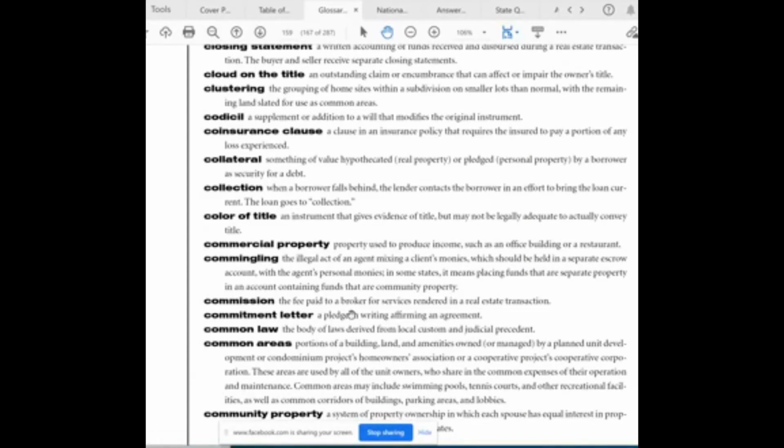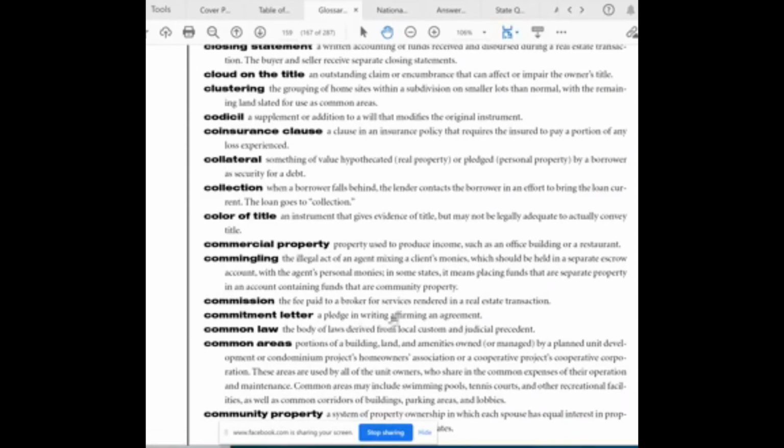Commission is the fee paid to a broker for services tendered in a real estate transaction. There is no fixed commission. Okay? That would be a monopoly, and we can't do that. Competition is necessary. So commission is negotiated between the listing agent and the seller, and it belongs to the brokerage, right?